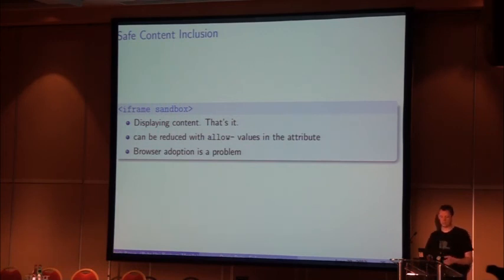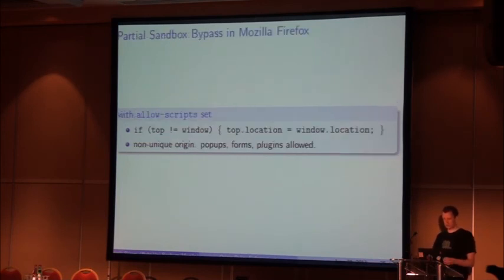But yeah, browser adoption is kind of a problem because people like old browsers. I mean, you rarely find people using IE10, I suppose, at least in businesses. So it's coming up, but it might not be adopted very soon. And when you do allow scripts, you usually shouldn't be allowed to do plugins and top navigation and all that. But I did find a bypass in Mozilla Firefox just last year.